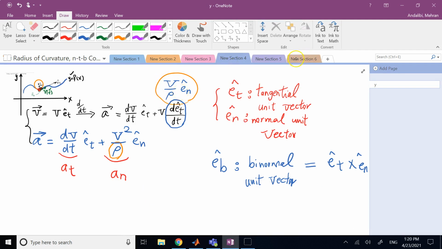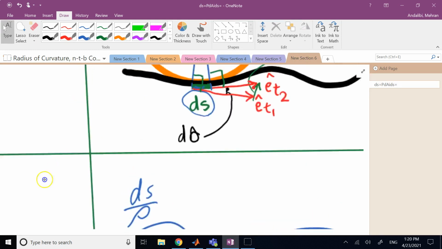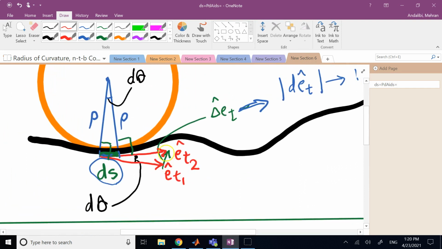You can see why. And then what about the direction of it? Is that in the en direction? And the answer is yes. If you look at here, the direction of this small delta et is almost the same as what? The direction of this en.